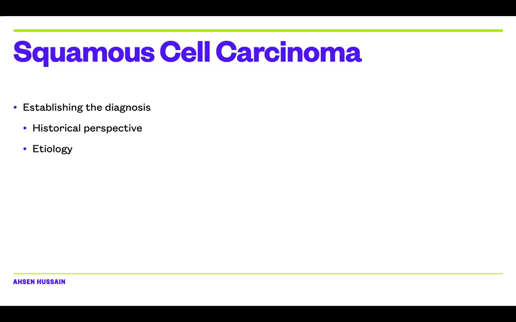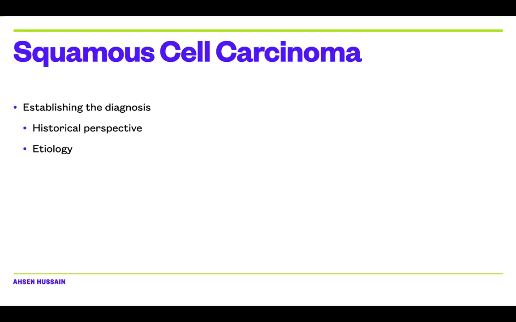So we'll come to the etiology. The pathogenesis of SCC differs at various anatomic sites based on the oncogenetic pressures at that site. So we know that SCC of the eyelid is primarily related to sun exposure, similar to the occurrence of SCC in the conjunctiva.